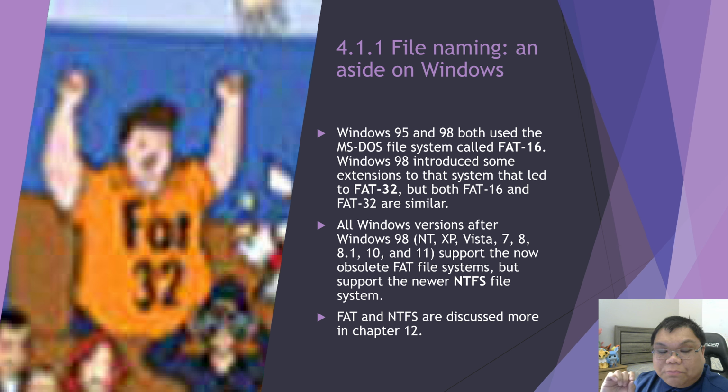I believe FAT stands for File Allocation Table, and NTFS, New Technology File System. There are more details regarding FAT and NTFS in Chapter 12 of the book, by the way.